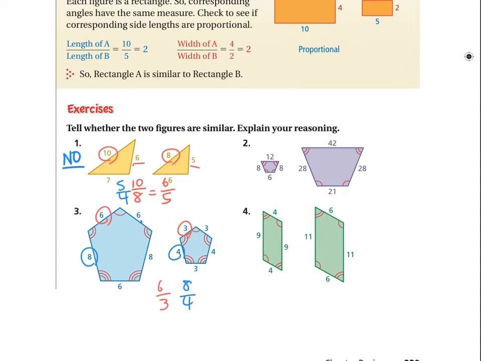In this case, when you simplify both numbers, they're going to be 2, so you can say that they are similar. When they ask you to explain your reasoning, it should include something like the ratios are equal. When you cross multiply, they have the same number, or if you multiply by a certain number, it's going to be the second shape. So we have many different ways to explain it.